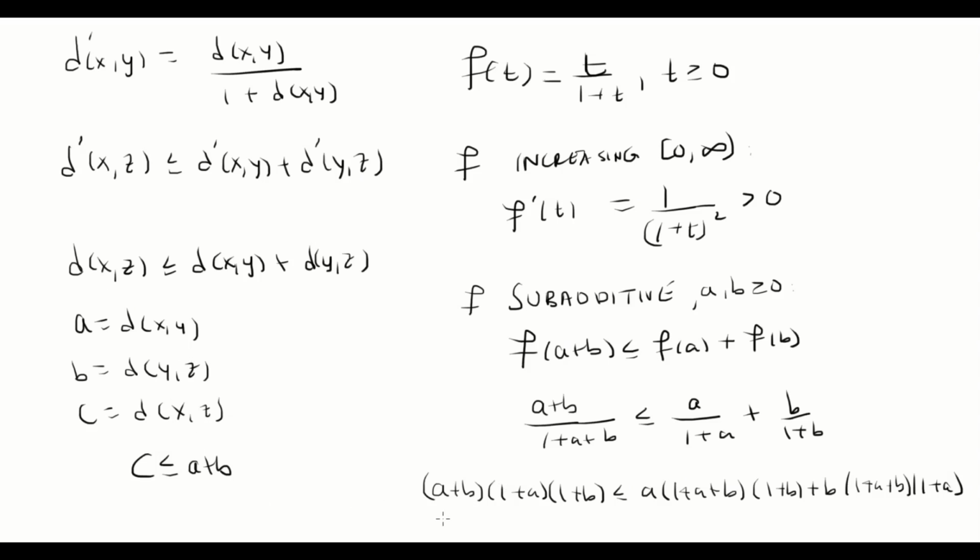Now we can multiply this out. We have a plus b times a plus b plus ab is less than or equal to, and then we can factor out a 1 plus a plus b to get a times 1 plus b times 1 plus a.